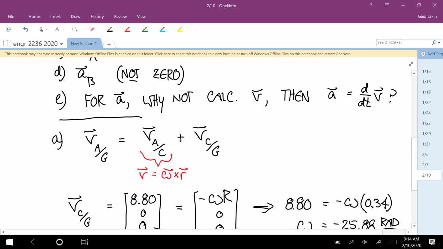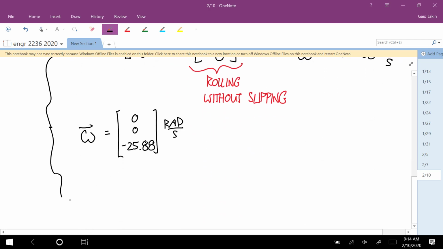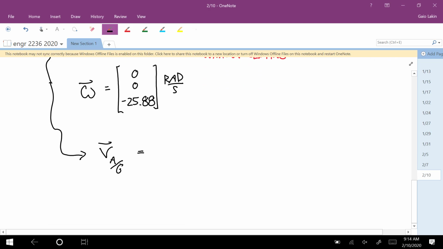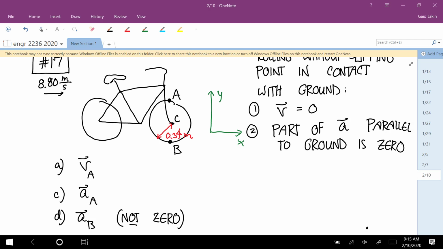And now we have everything we need to use the relative motion equation. So the velocity of A relative to the ground is equal to the velocity of A relative to the center, which is 0, 0, negative 25.88, crossed with the R vector. The definition of that R vector is from the center of the circular motion to the point you care about. So that's going to be 0.34 in the negative y direction.